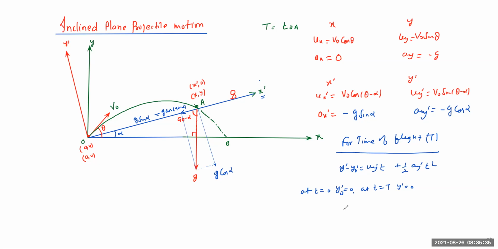What do we get here? 0 minus 0 equals, what is u y dash? u y dash turns out to be v naught sine theta minus alpha into t. And what about half a y dash? It's minus g cos alpha into t square. And if you solve, you get the answer which you have been getting.